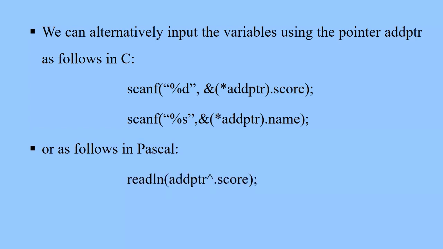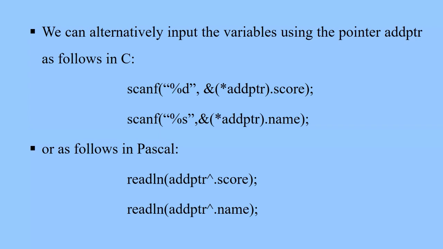Or as follows in Pascal, and pointer pointing. In other words, this statement means pick the value which has been entered and store it in the memory location being pointed to by the pointer, in the member called score.